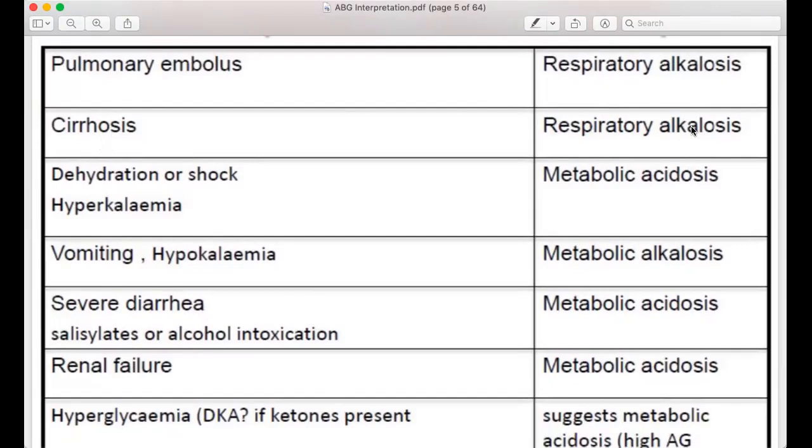In the MCQs, this is one of the very important things: you find clues in the question that can help you save a lot of time. You might not need to read all of the scenario. Let's suppose you read all of the scenario and cannot come up with any solution, and they gave you a patient with cirrhosis and multiple other symptoms as well. This cirrhosis might lead you toward respiratory alkalosis as the answer.